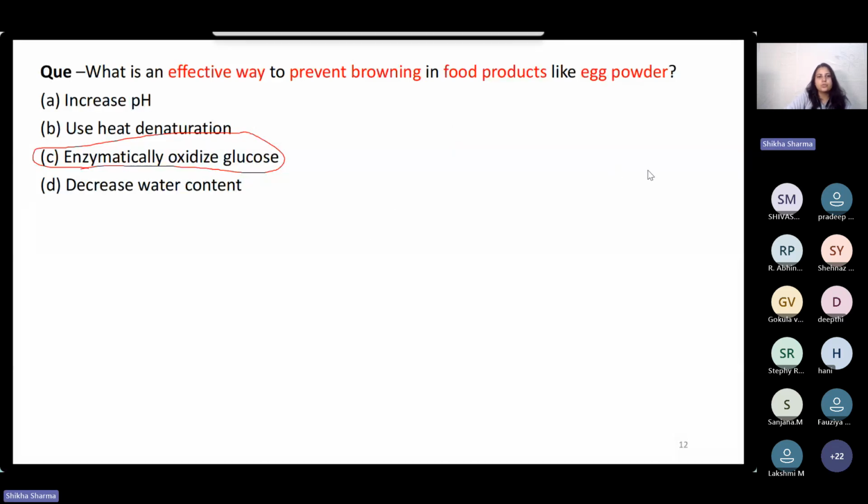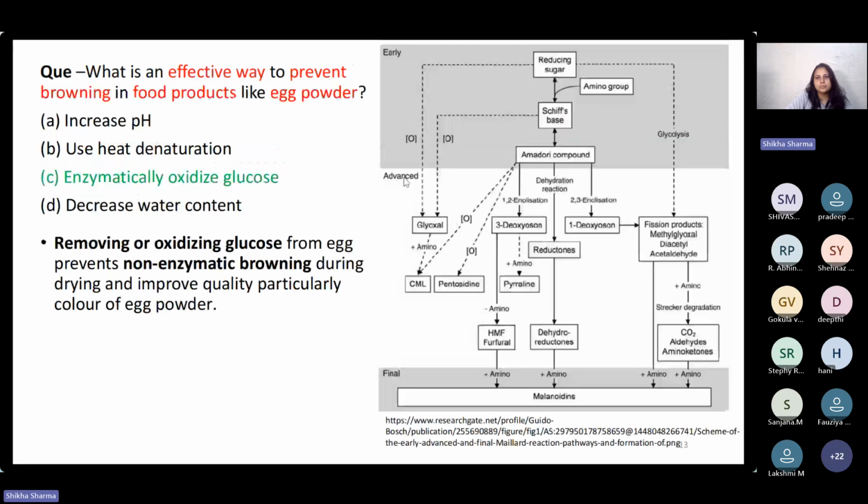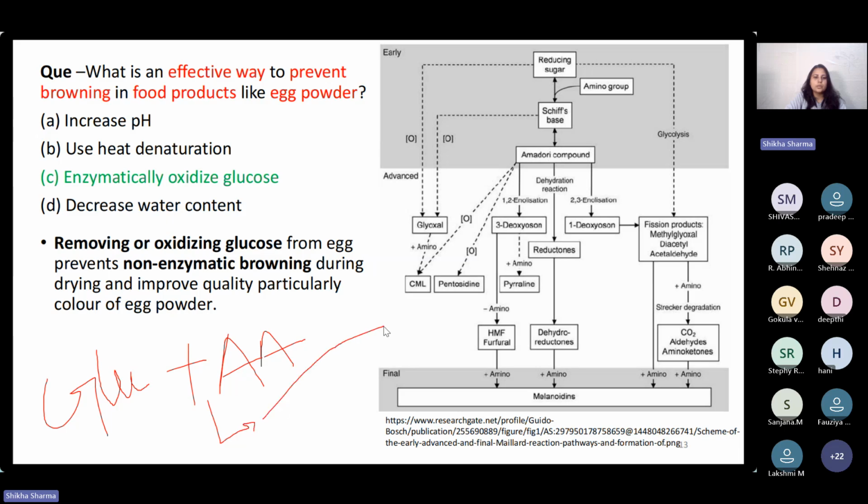So what happens? When egg powder is there, it has some glucose in it. When we dry it, maybe in a spray dryer, that glucose reacts with amino acids or the proteins present in the egg powder, and it undergoes the Maillard reaction, which is this.